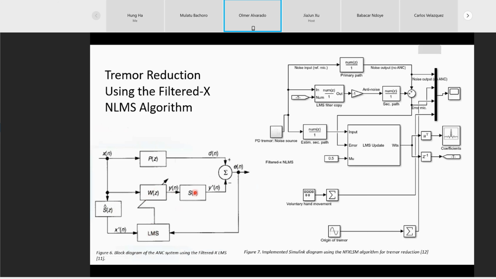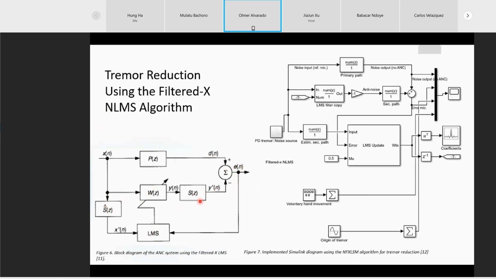Here, this block right here represents the secondary path, and it is estimated by adding this filter right here. And so, this algorithm is basically based on the superposition principle. So if this output signal as well as this one are acoustically combined, the error signal will be equal to zero, which in many cases is what we're looking for.